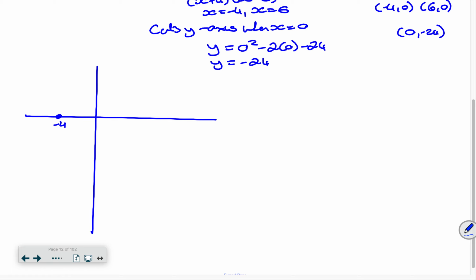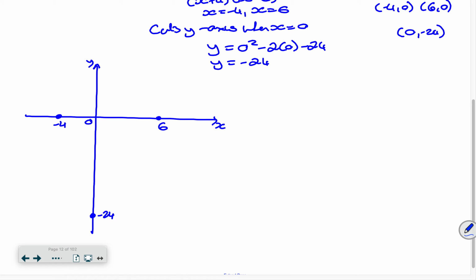We have a point here at (6, 0). And then we're going to be looking to cross the y-axis at (0, -24). Obviously this is not going to be drawn to scale. Okay, so we've got the bare bones.